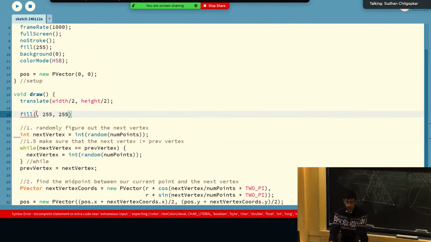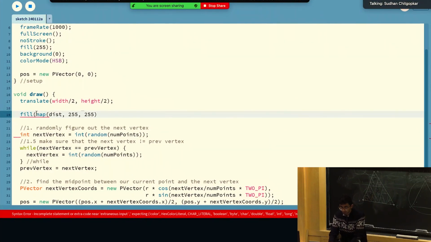But for our hue, maybe we want to map that. We want to map the distance that our circle is from the center to be some value between 0 and 255, because that's what our hue parameter takes in.